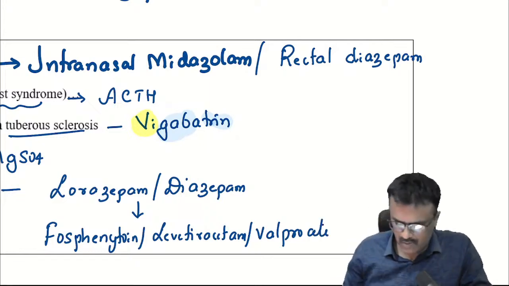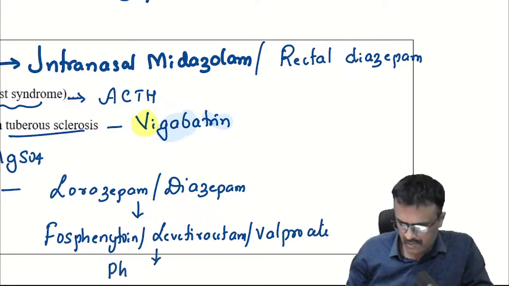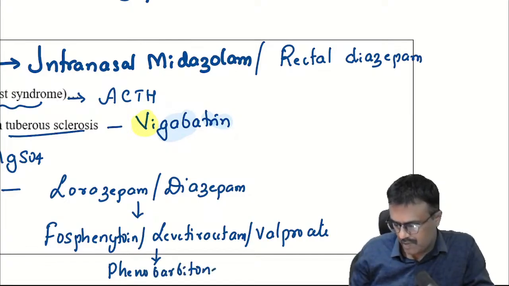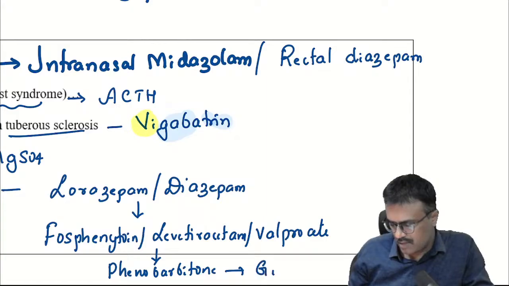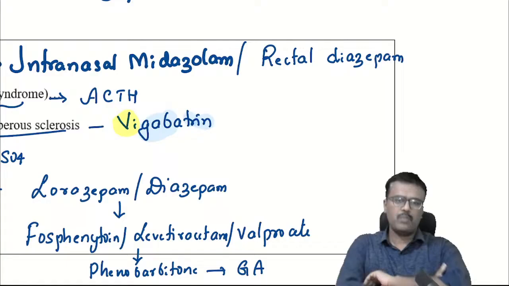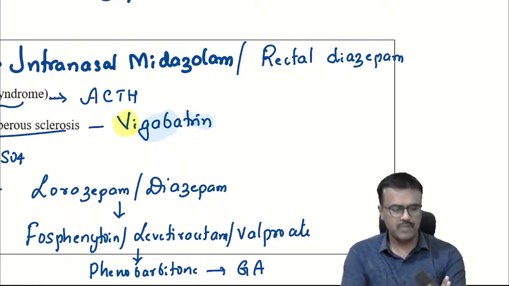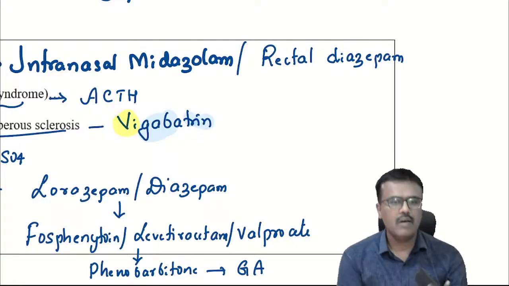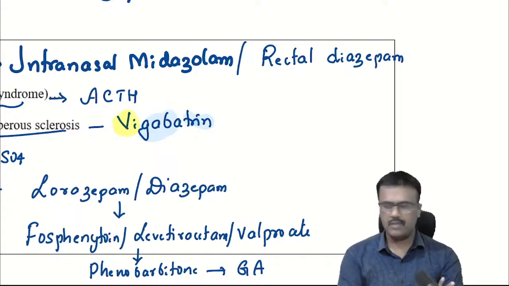Still not responding, then go for phenobarbital. The last resort is general anesthesia. General anesthesia, you can give it propofol or midazolam. So this is the flow of treatment for status epilepticus.